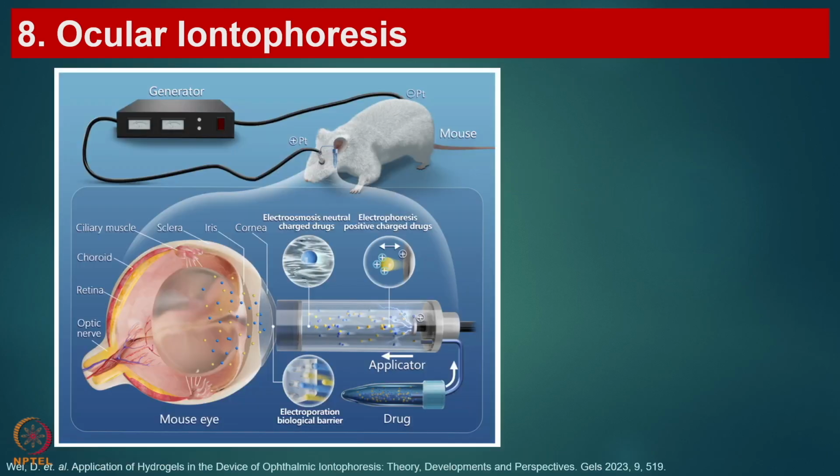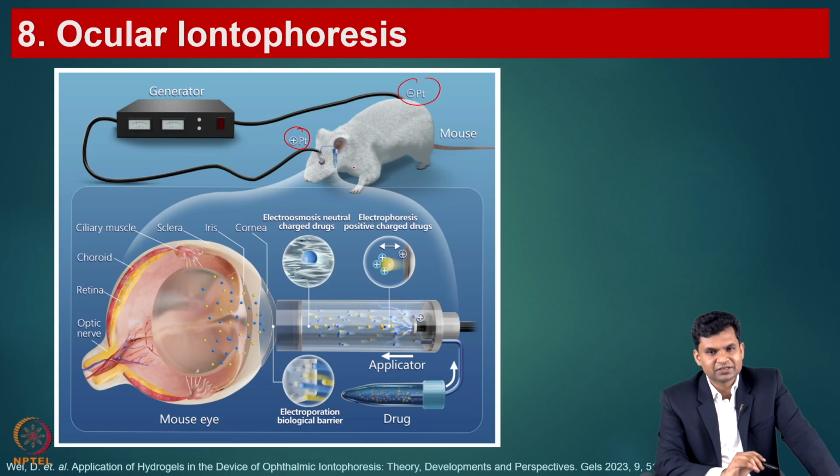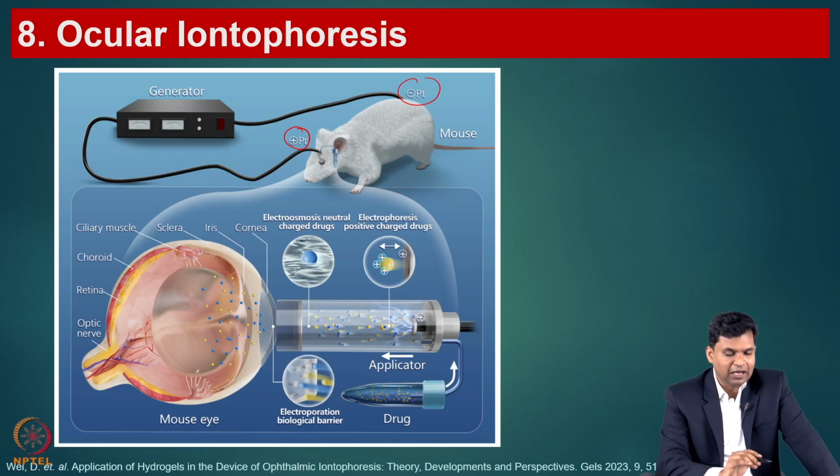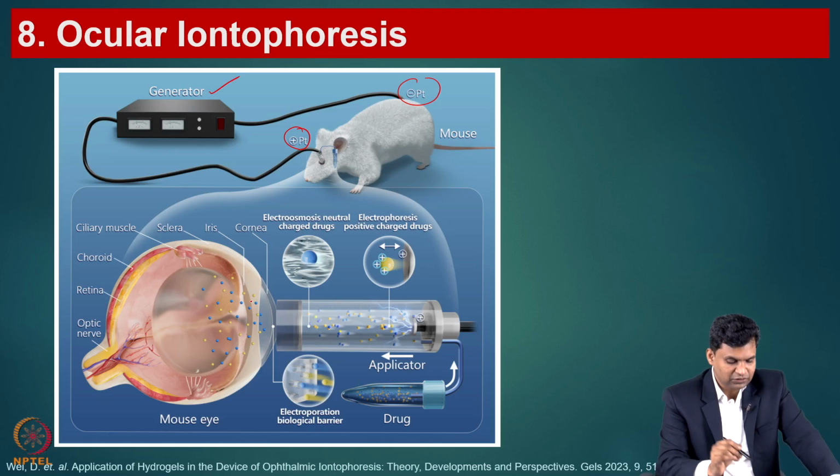So, with one picture we will understand how this works. Here you can put the treatment. You can see these are the two electrodes, anode and cathode, and they need to be placed on the eye, and then you need to start the generator, which will release the drug and it will reach the target site in the eye.